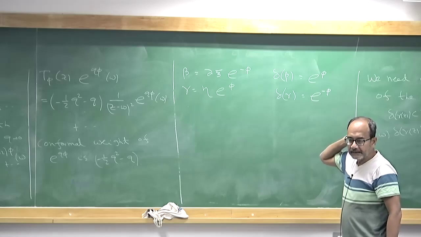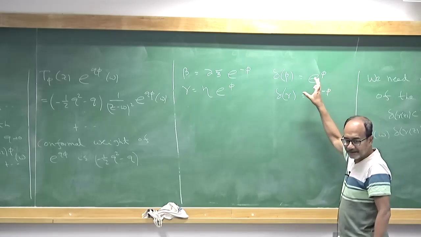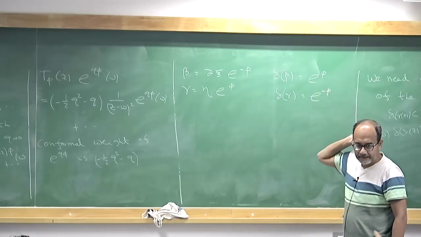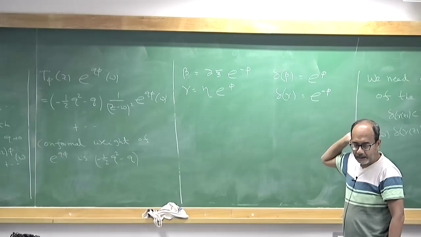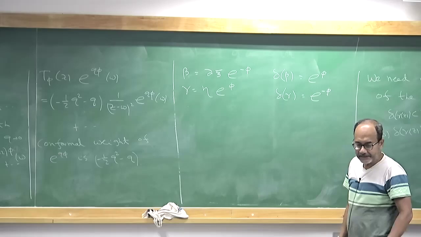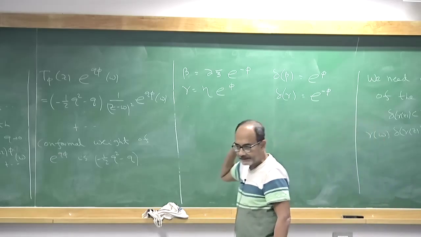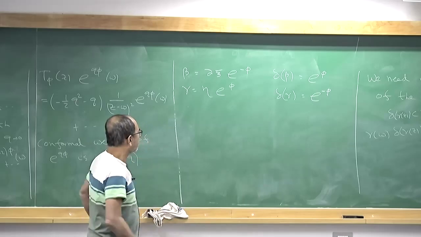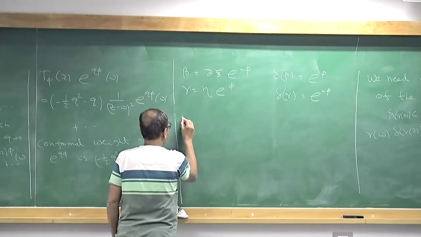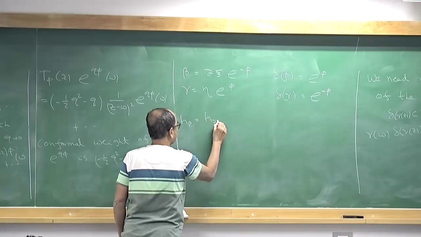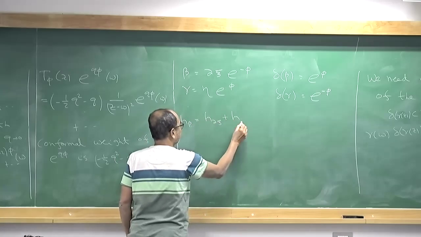We define phi such that delta beta is e to the phi and delta gamma is e to the minus phi. How will I check? We'll check this. It has to have the correct properties. First, let's take the conformal weights. That's the first thing we should check. So H of beta should be equal to H of del xi plus H of e to the minus phi.